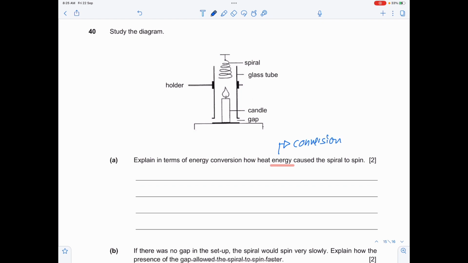Okay? It's not so much about expansion in this case, but it's really about energy conversion. And of course, the word spin will tell you that what kind of energy is present? Kinetic energy. So somewhere along your lines, you need to tell me kinetic energy.